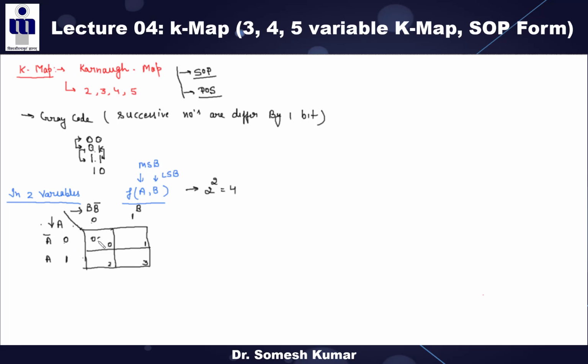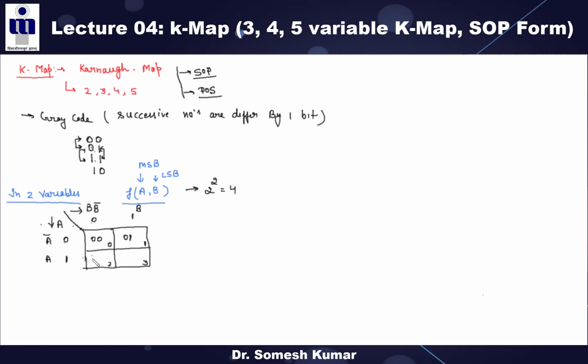So 0 0 means, what is the number for 0 0 in binary? Binary to decimal, 0 0 represents in decimal 0, right? And so this next cell represents 0 and next it is 1. So this is your 1. So that's why this cell number is 1.